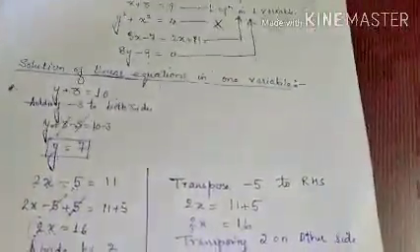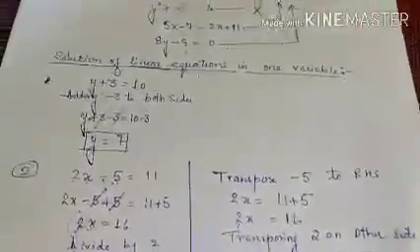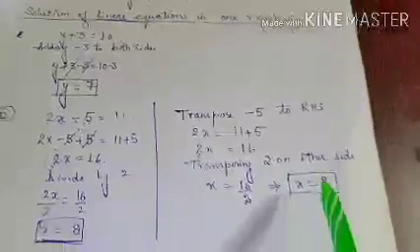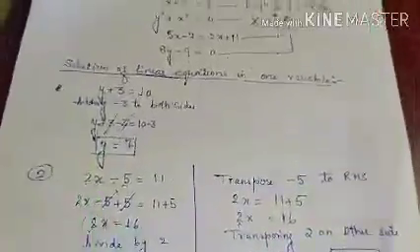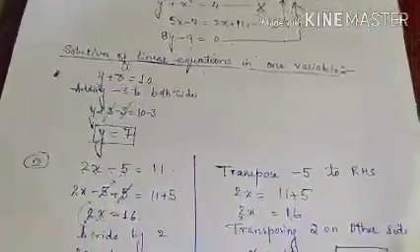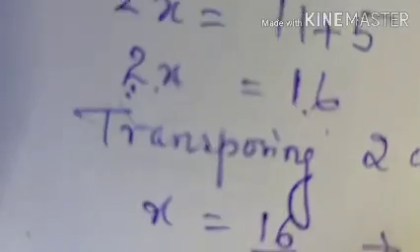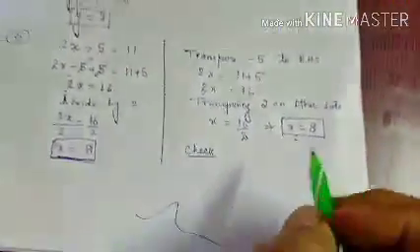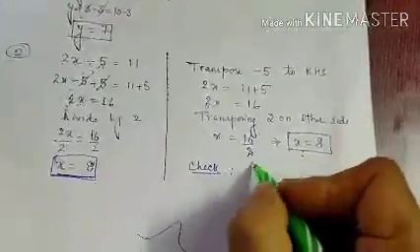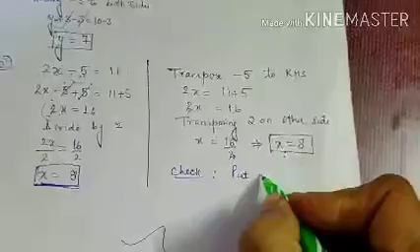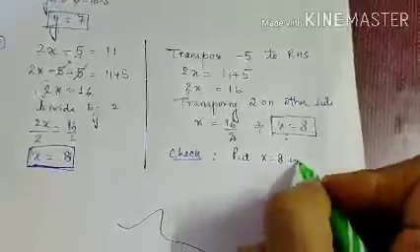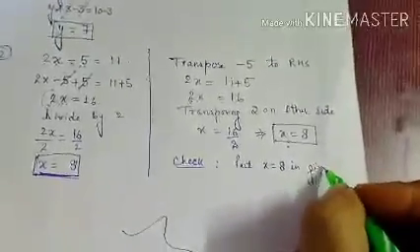Now you can check your answer also by substituting the value you have found in the given equation. Now how to check it? Put x equal 8 in the given equation.